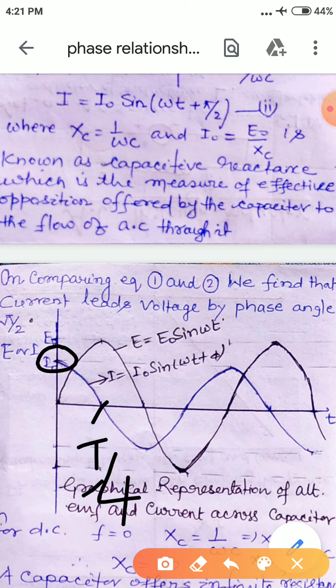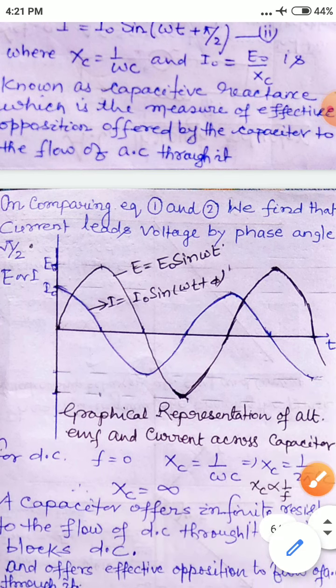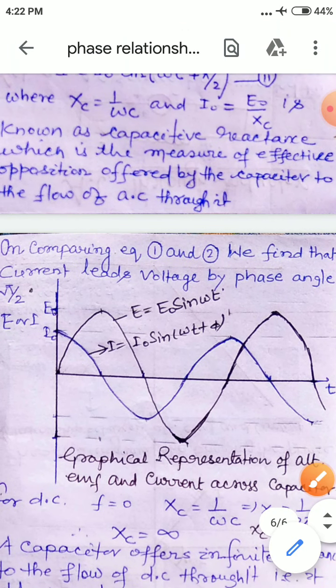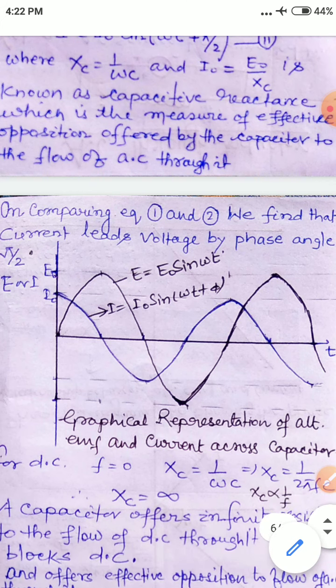So this is the graphical relationship. So when current is maximum, voltage is minimum. When current is minimum, voltage is maximum. This is the phase relationship between the current and voltage across capacitor.